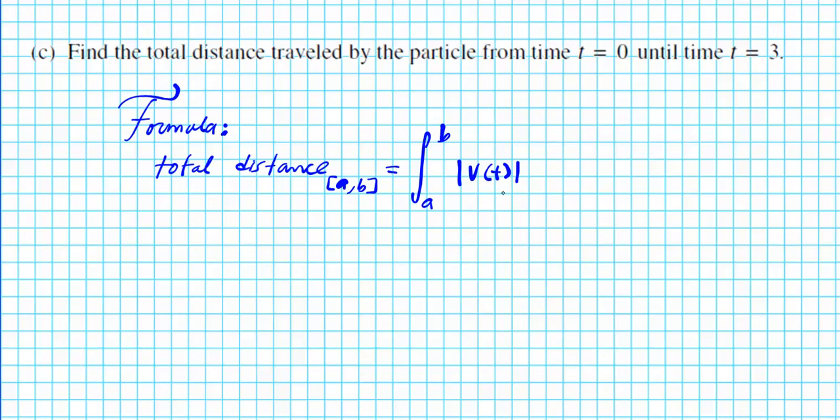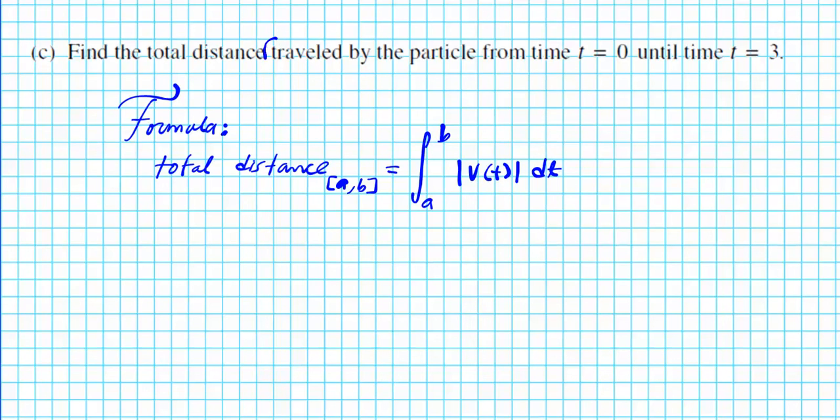This absolute value just makes the negative displacement positive, so that we can add it to the positive displacement, because sign is of no consideration when you're looking at total distance, okay? We're just focusing on the magnitude of the number. So that's why you never want to forget that absolute value when you're looking for total distance traveled, okay?